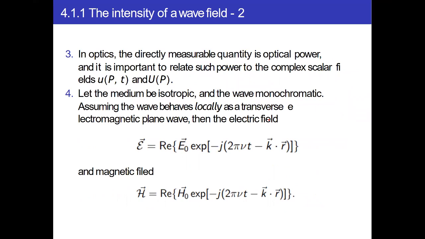And then in optics, the directly measurable quantity is optical power, or E squared. It is important to relate such power to the complex scalar field U(P,t). Let the medium be isotropic and the wave be monochromatic, that means a single frequency.